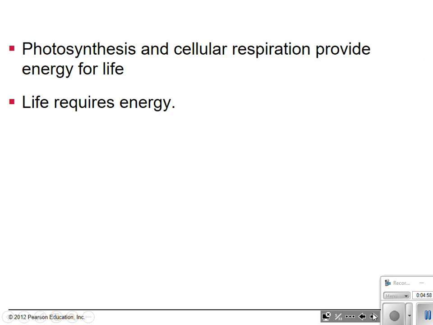Photosynthesis and cellular respiration provide the energy for life. And we should know that all life requires energy. Do trees need energy? Yeah. Do plants? Well, a tree's a plant. Plants, yeah, they need energy.